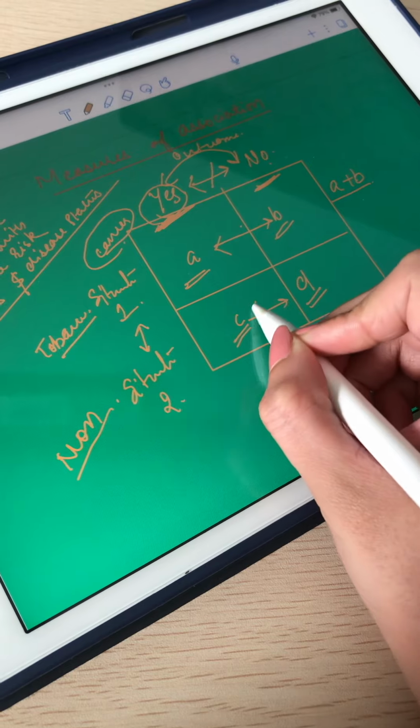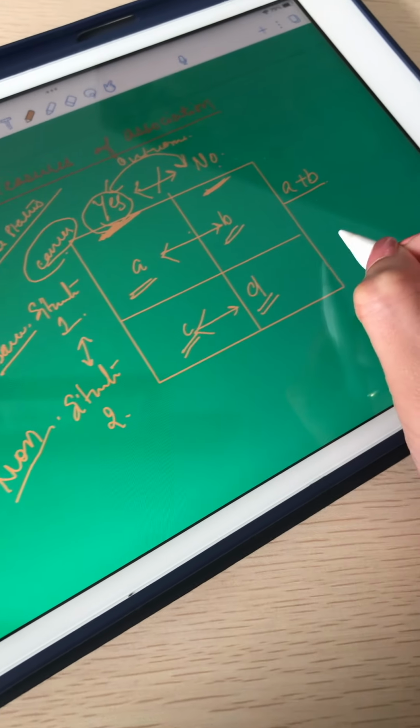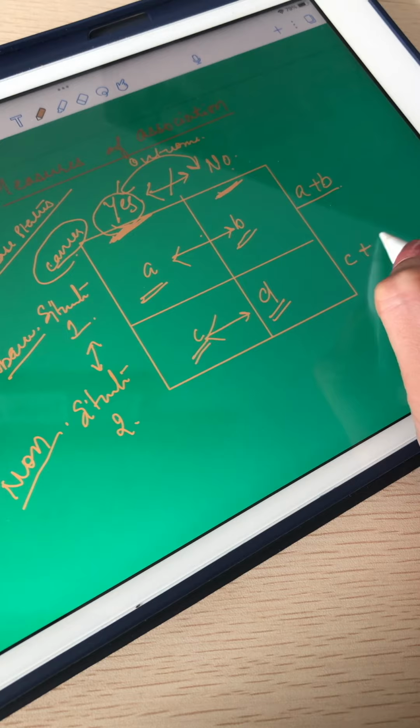We have to add both of these situations and the result will be C plus D.